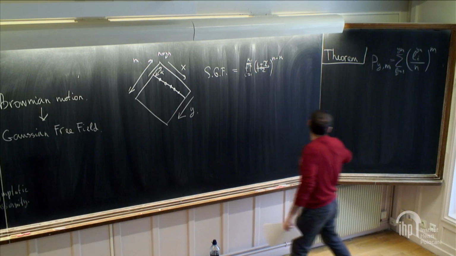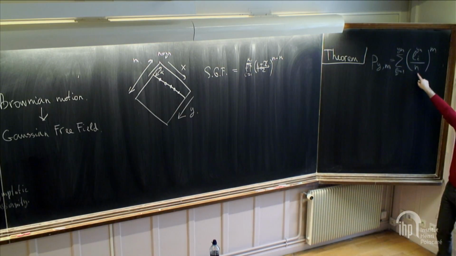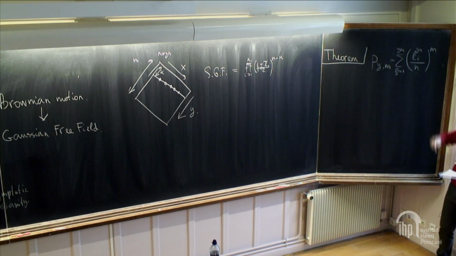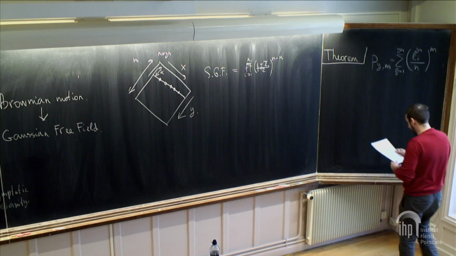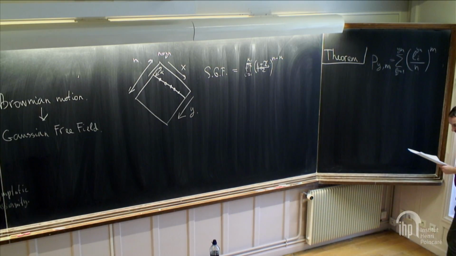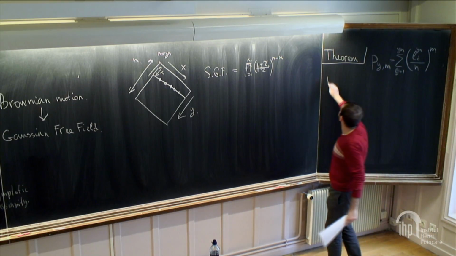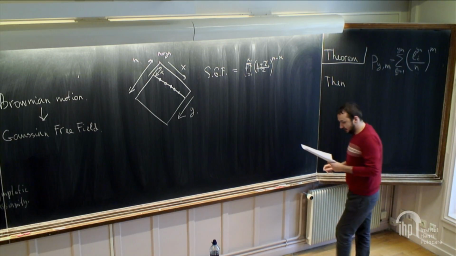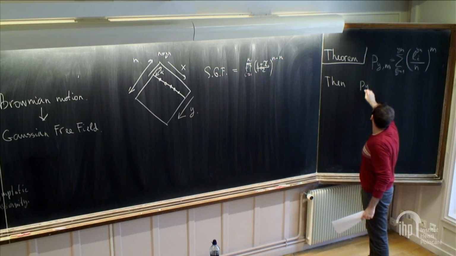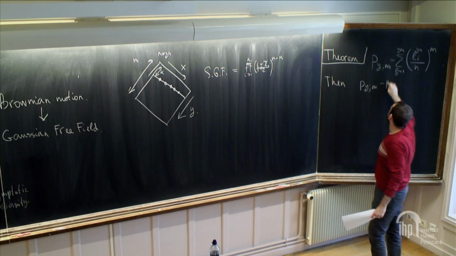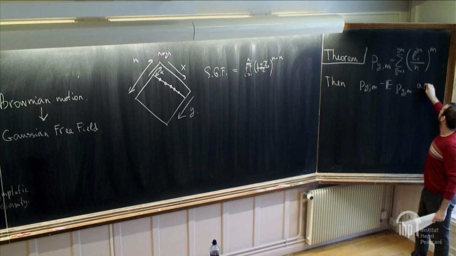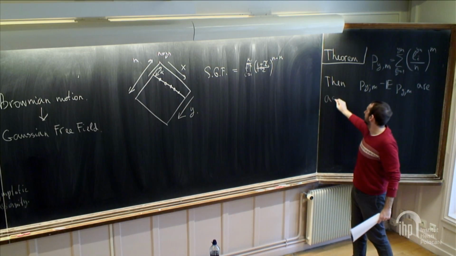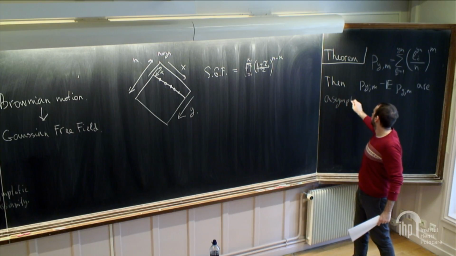We don't want to do that, so let's fix one normalization. Everything will be normalized by the same n. Other than that, it's the same thing that we had before. So with these notations, these p_{y,m} minus their expectations are asymptotically Gaussian.